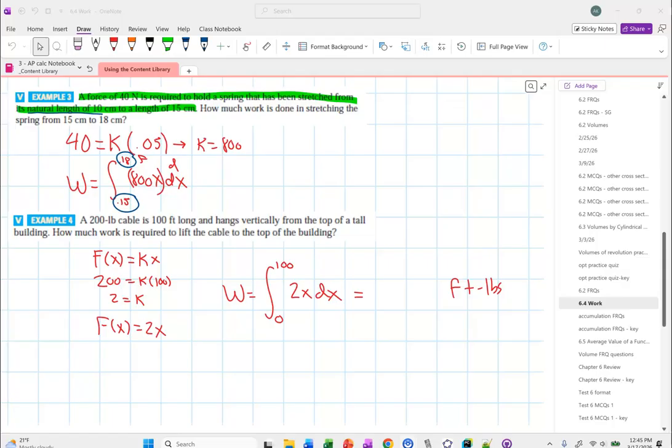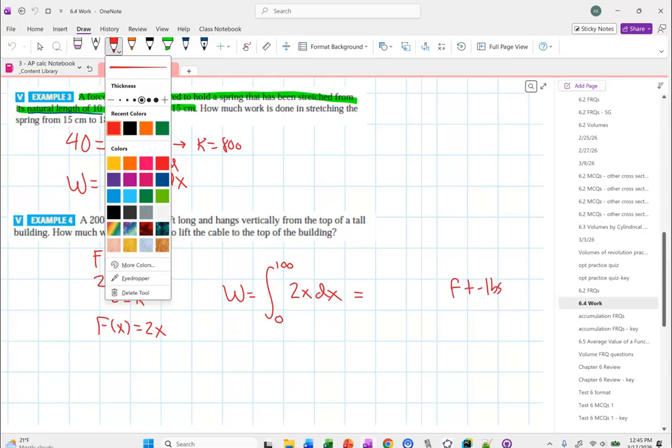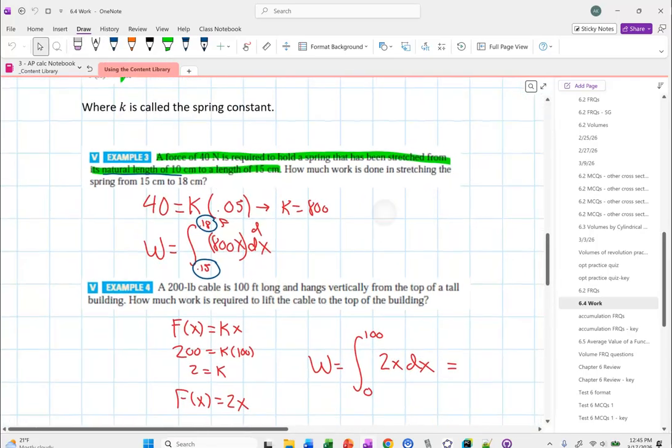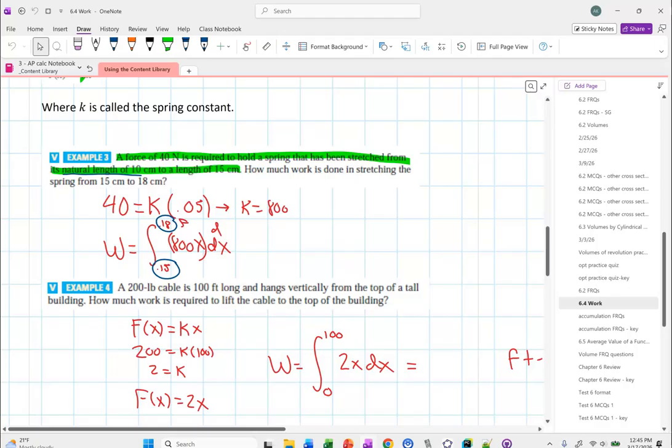Before we get going though, I made a small mistake here on this spring example. Take a read through and see if you can see what the mistake is. It's subtle.